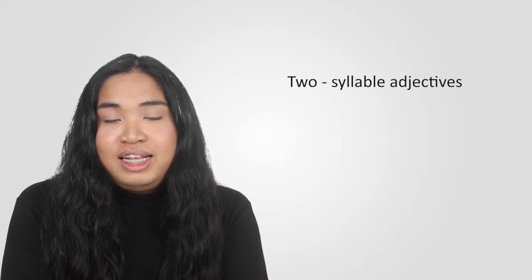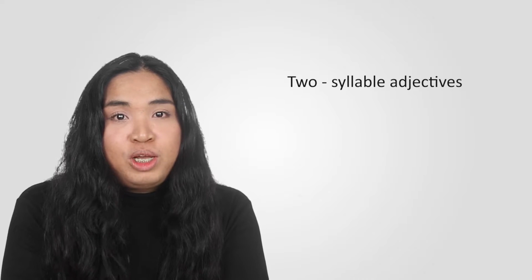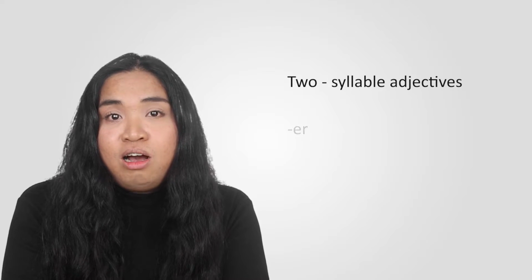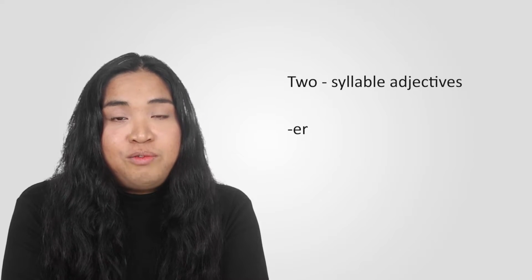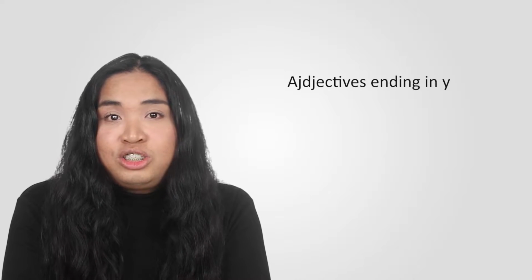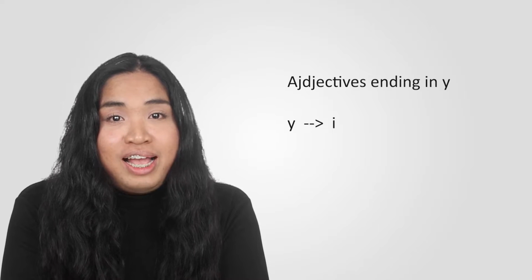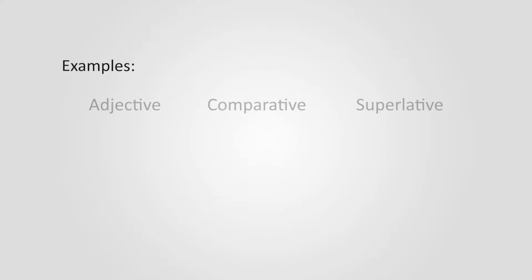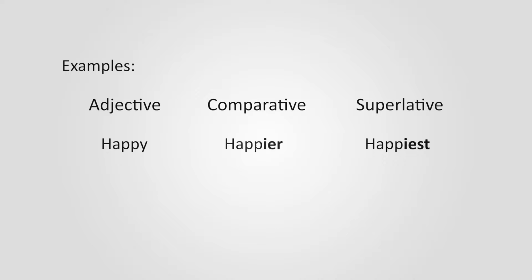For two-syllable adjectives, you can form the comparative either by adding er or by preceding the adjective with more. For adjectives ending in y, change y to i before adding er. Examples: first adjective, happy. Comparative, happier. Superlative, happiest.